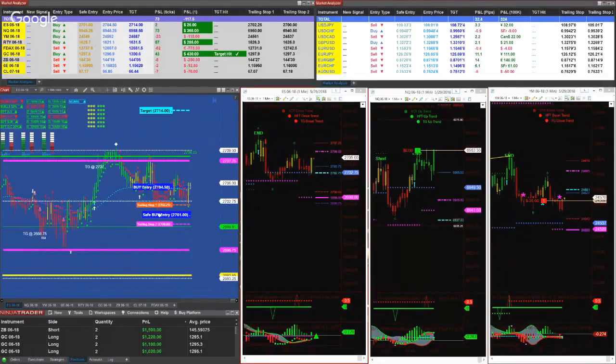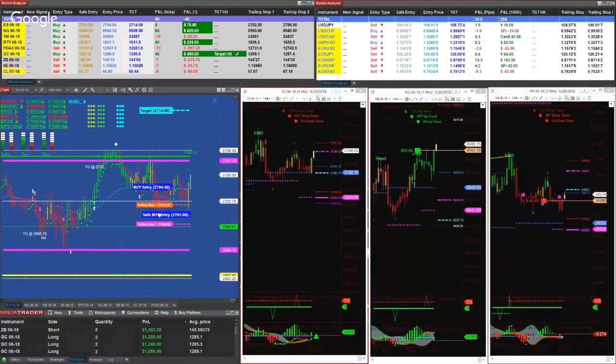Okay, taking a long on the Nasdaq against the YM. Sometimes instead of making your stop loss on the YM, you can go ahead and reverse it with a different market.